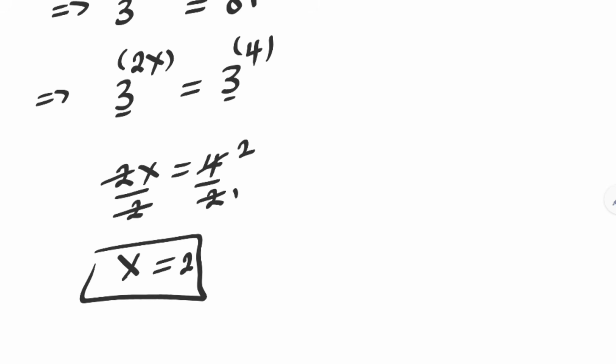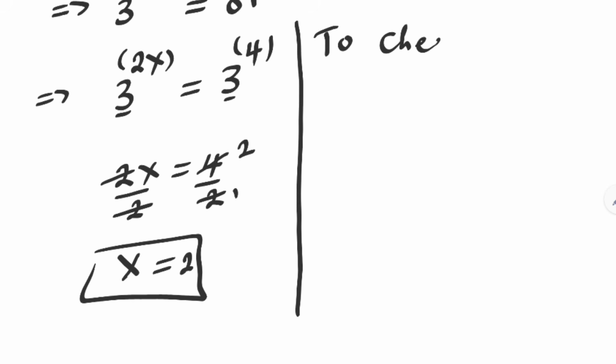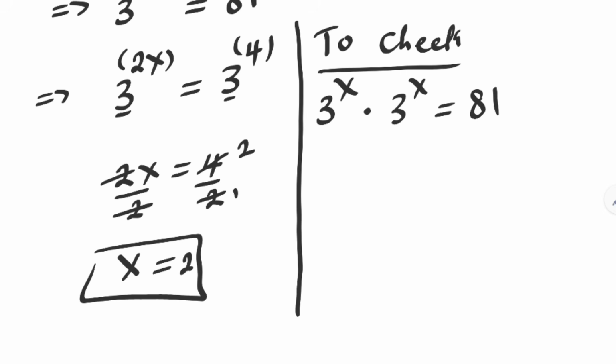Let us check to confirm if this answer is right or wrong, because we are going to solve this problem in another way around. To check, we have the given equation 3 raised to power x multiplied by 3 raised to power x is equal to 81.